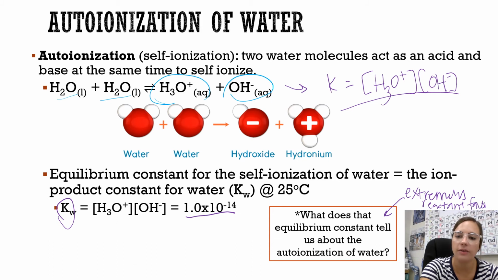So if we have a sample of water, most of it is still going to be H2O molecules, but there will be some hydroniums and some hydroxides. But if it's neutral water, they will be equal. So that is where that constant 1 times 10 to the negative 14 comes from.